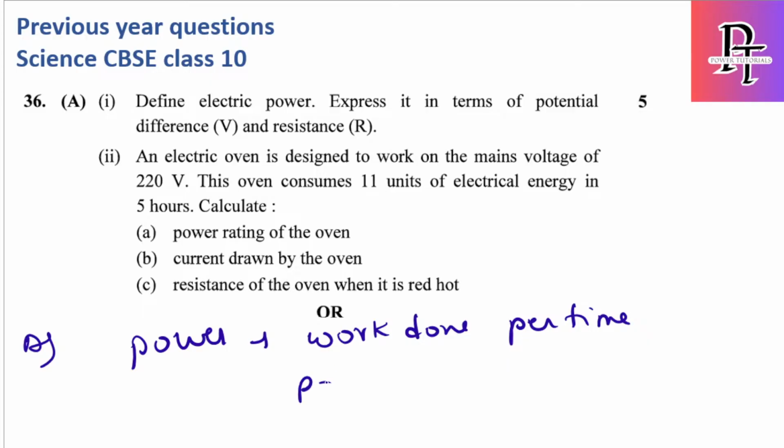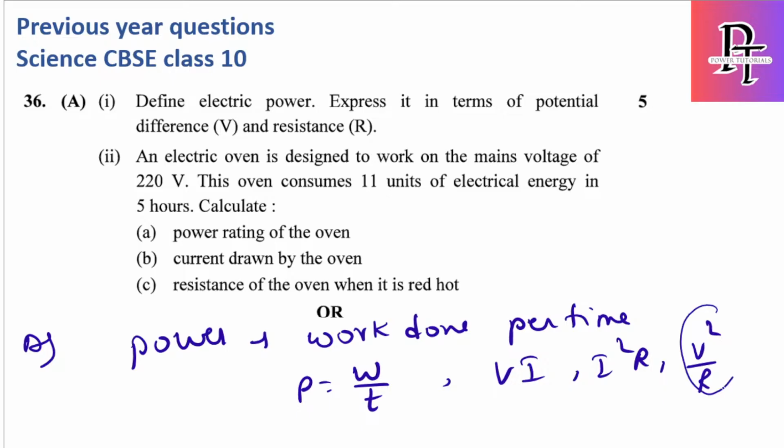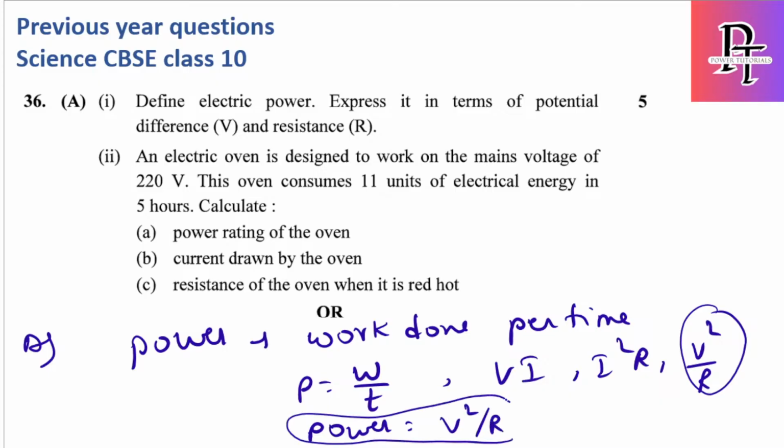So power is equal to work by time. If they ask in terms of voltage and resistance, as we have three formulas I told you, one is VI, other is I square R, and other is V square by R. With respect to voltage and resistance, this is the formula you have to use. So power in terms of voltage and resistance is V square by R. This is the answer for the first part.